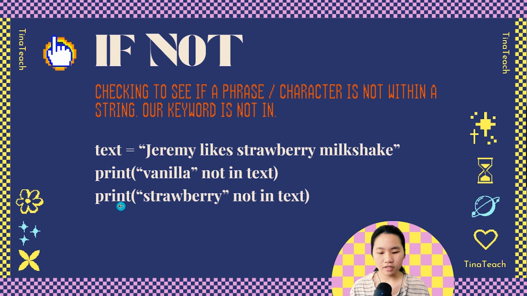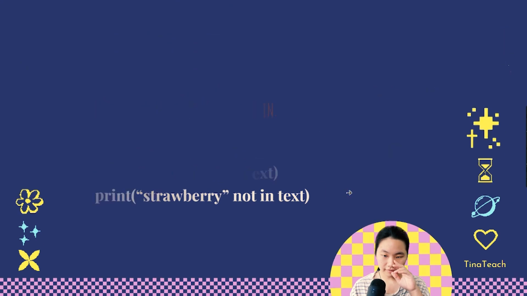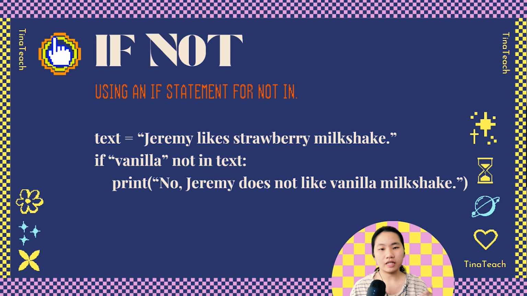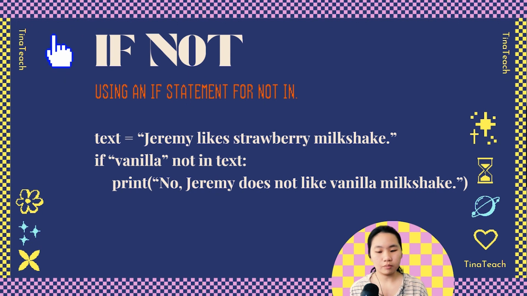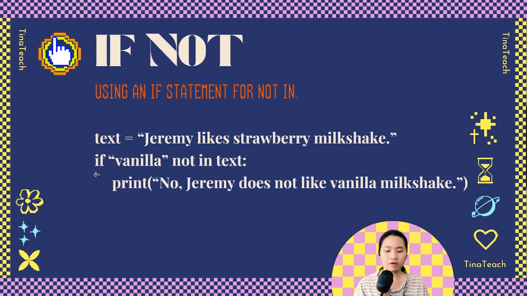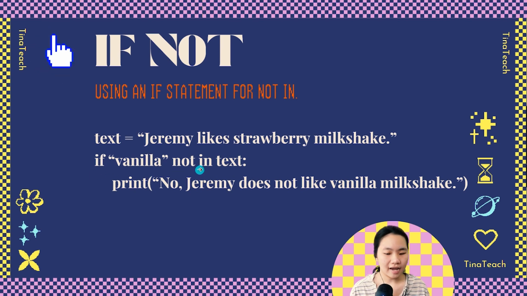And for the next line, print 'strawberry' not in text. But strawberry is in text, right? So this would return a Boolean value of false. Get the idea, okay? Next part. Here we have an if statement equivalent to what we've just seen before with the printing and the not in key. Once again, we have our text variable, and our condition for this if is if 'vanilla' not in text.